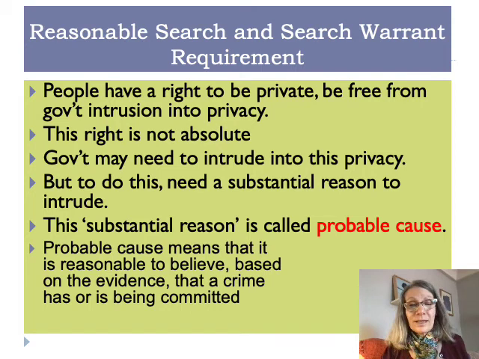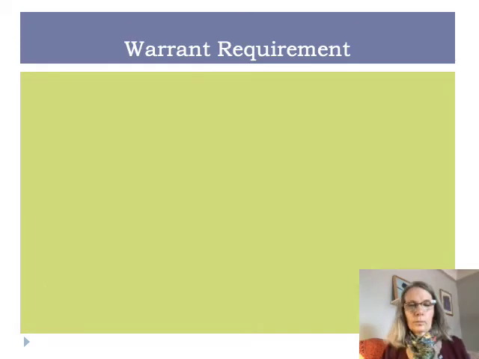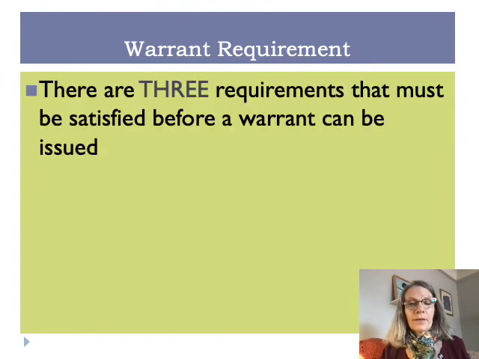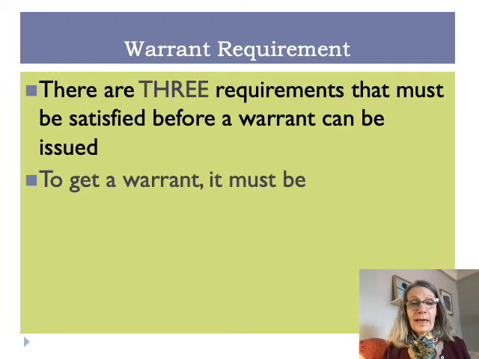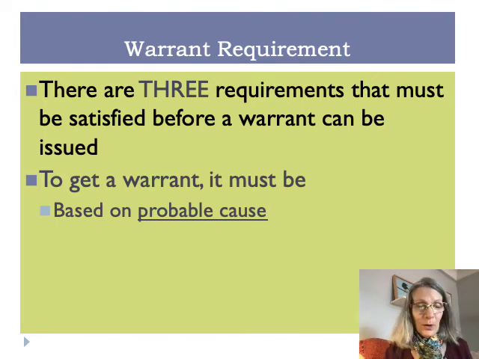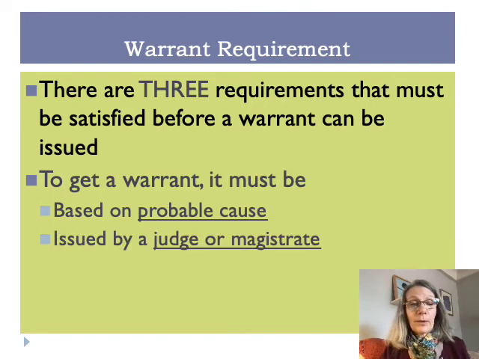So let's turn our sights to the second part of the Fourth Amendment, which is the Warrants Clause. As we saw in the Warrants Clause, there are certain requirements that must be satisfied before a warrant can be issued, and there are 3 requirements. When you look at the Warrants Clause, it's basically saying that to get a warrant, it must be based on probable cause, which we just talked about, that based on the evidence, it's reasonable to think that a crime has been committed.